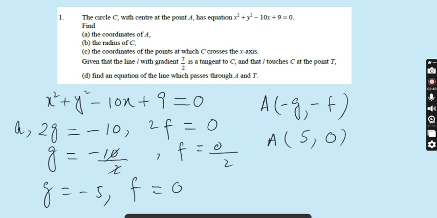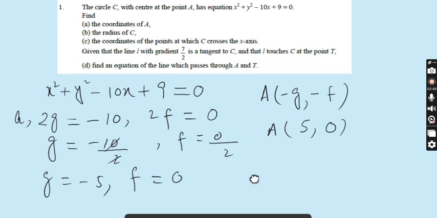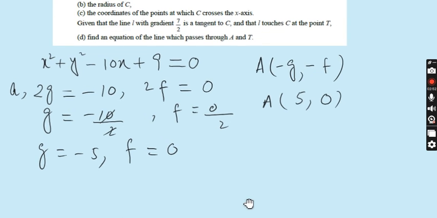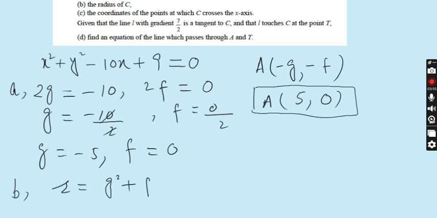Now see part B. Find the radius of C. The formula of the radius is r equals the square root of g square plus f square minus c.